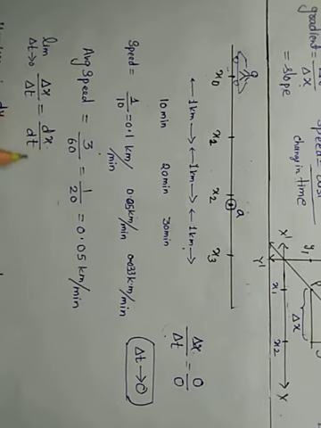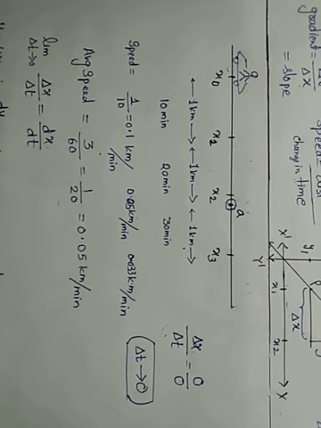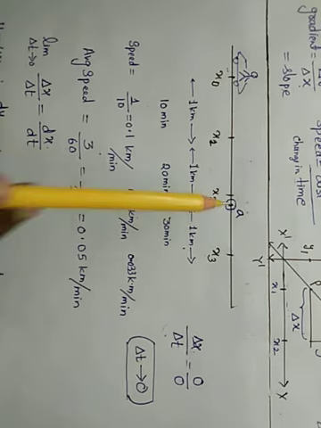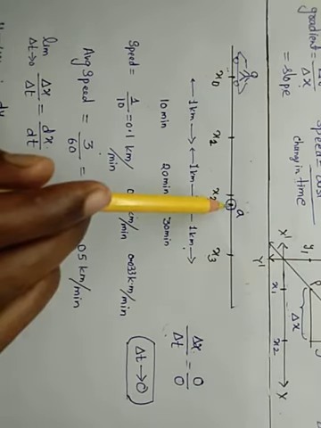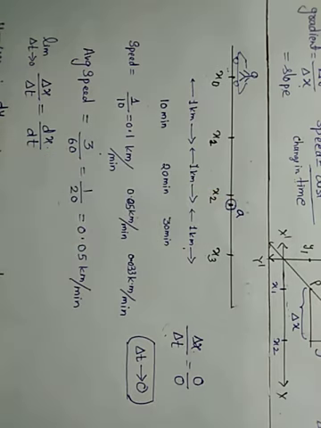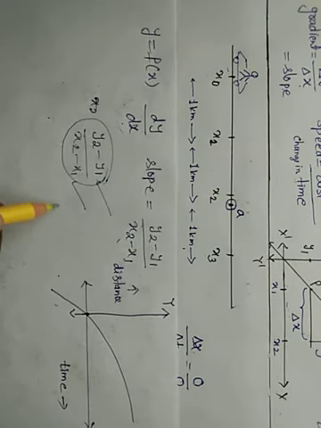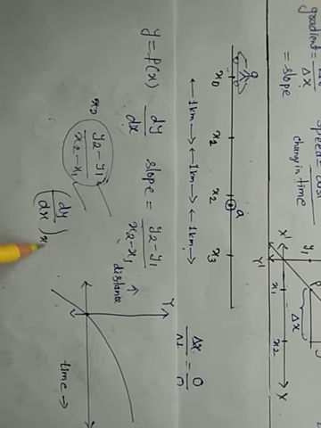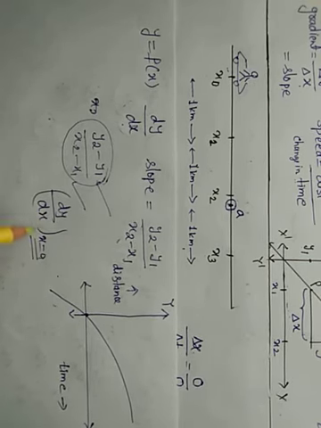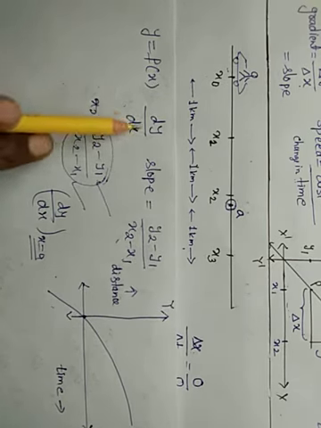I can say instantaneous speed at point A. It means here we will put the value at this A. If I am finding dy by dx, then I will put the value of x equal to A in this formula, dy by dx.